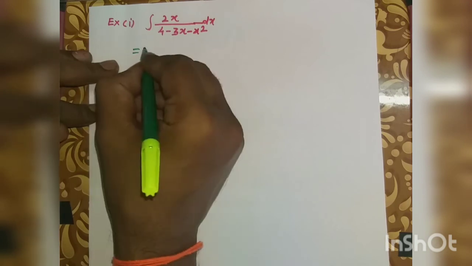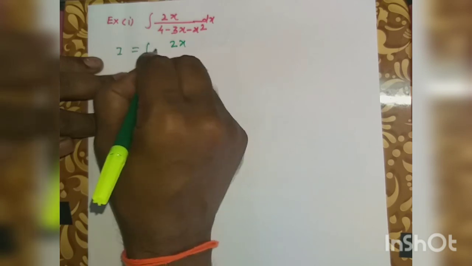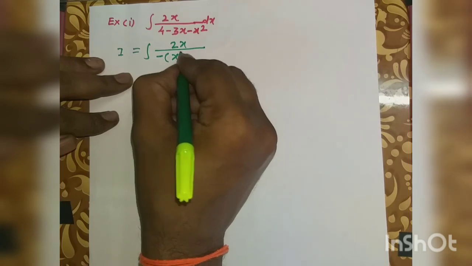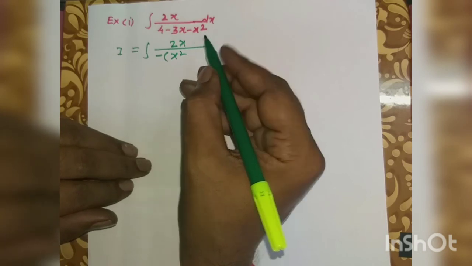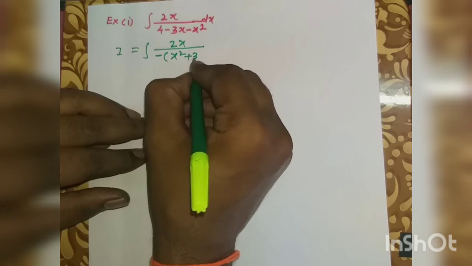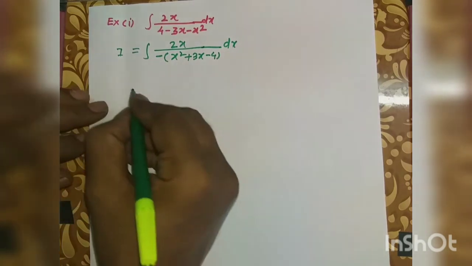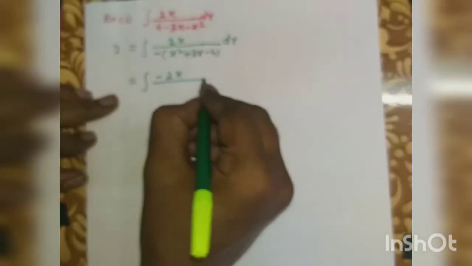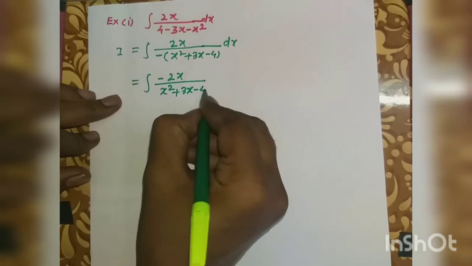First we write this integral in standard form: 2x divided by, taking minus common, minus x square plus 3x minus 4, dx. That is the integration of minus 2x divided by x square plus 3x minus 4.